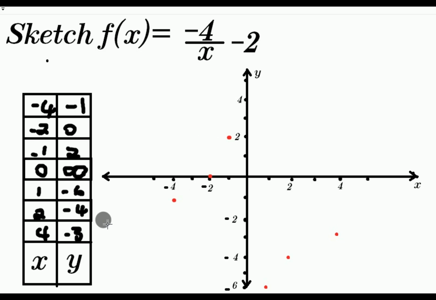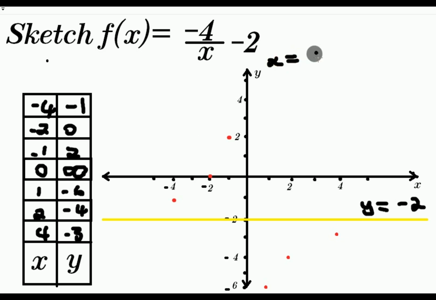We're just going to draw a straight line in yellow here to symbolize that the graph is not supposed to touch this yellow line. The equation of the horizontal asymptote is y is equal to minus 2. The vertical one is here, x is equal to 0.